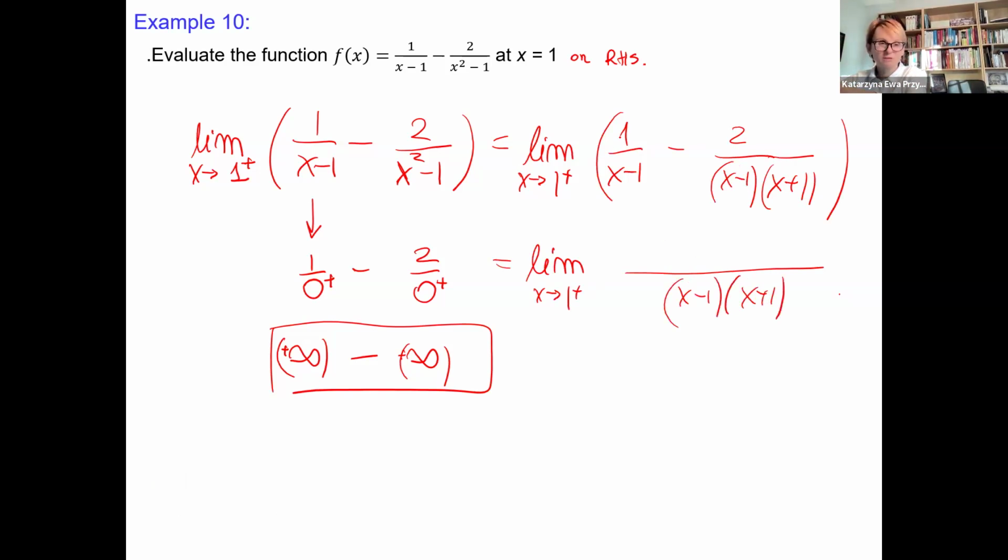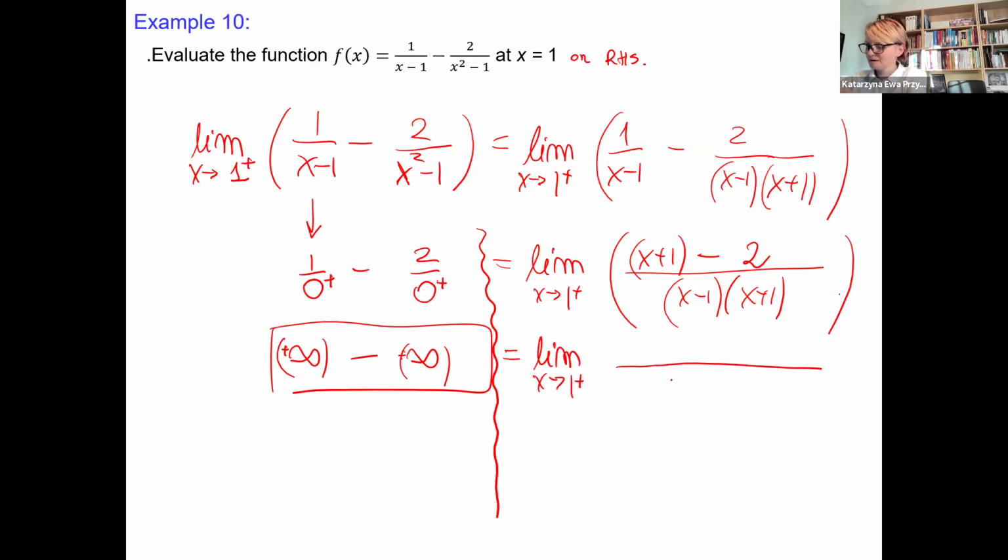That means I just multiply the first fraction by x plus 1, because x minus 1 is already there, and this will be 2. Okay, do you think that's right? Just the common denominator. This is not together. Limit, and always copy the limit. Yes, please. Okay, we have x minus 1, x plus 1, and then we have x minus 1.